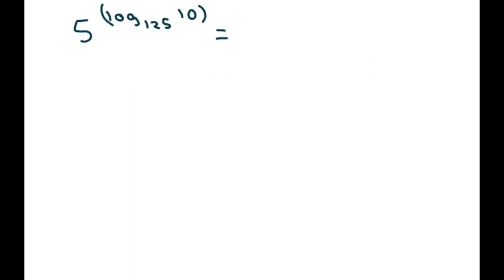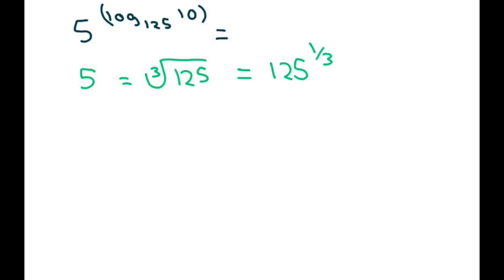We got two more. This one, I'm going to go ahead and change this 5 to the cube root of 125. The cube root of 125 is 5. So I'm going to write this as 125 to the 1/3. Now I'm going to change that 5 to this so we can have the same base a's.